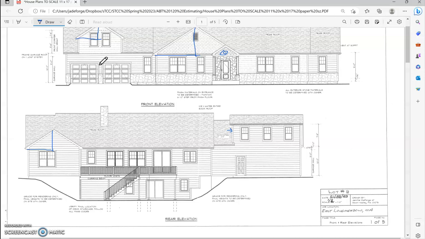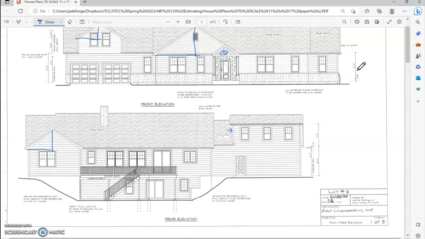And then we also need to deduct our cultured stone. For the cultured stone, we could do our linear footage of our front walls times this height right here. I'm going to go right to the grade because they would put the cultured stone down a little bit. This is approximate grade when you see these on plans, but it's going to be times 4 feet tall.